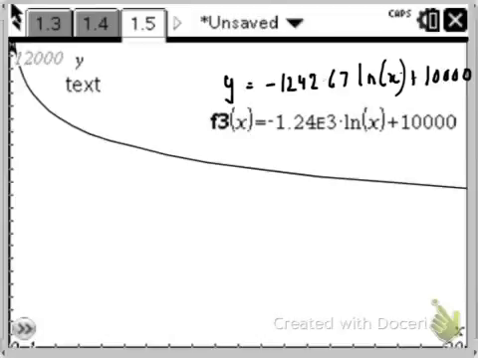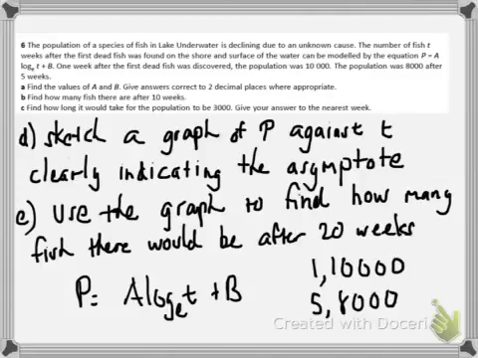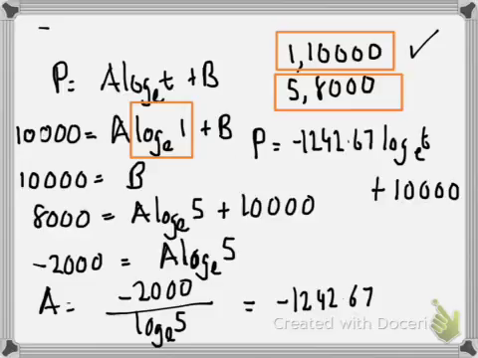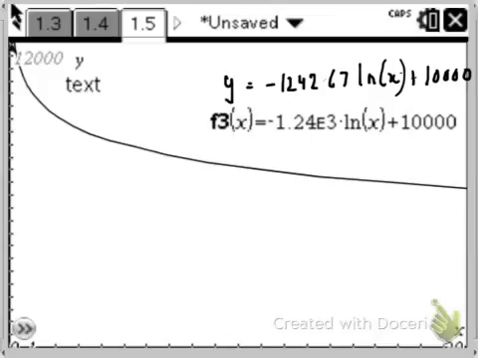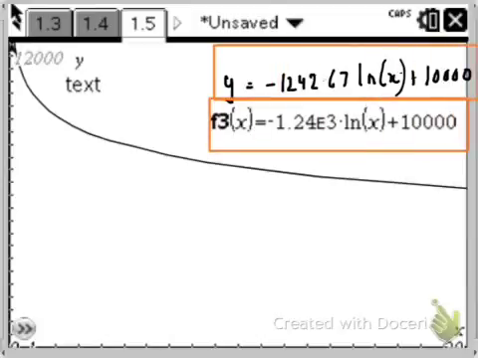Okay, so next question. Question D here. I've added a couple of questions. Sketch a graph of P against t, clearly indicating the asymptote. Okay, so I've put this graph in the calculator. You notice I've put the original version here, and when I've typed it in the calculator, sometimes, depending on your calculator settings, it can spit out this sort of version using exponential notation.